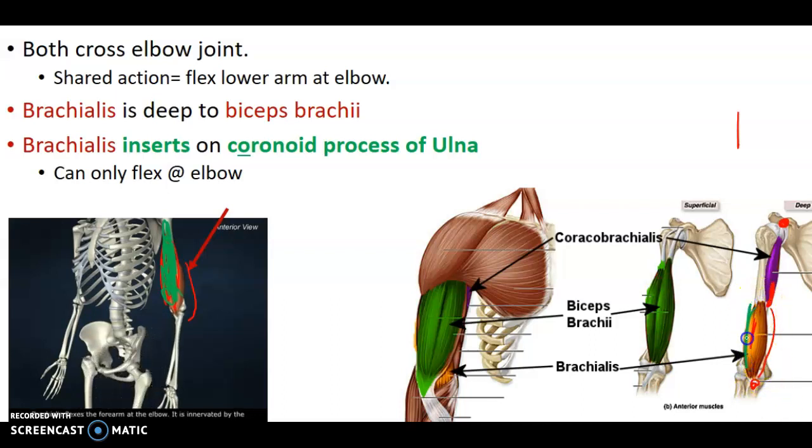The brachialis is crossing and attached to the ulnar tuberosity, or the proximal ulna, whereas the biceps brachii is crossing the elbow and attached to the radial tuberosity. They're both going to be arm flexors. Now, because the biceps attaches to the radius, it has an additional action there.